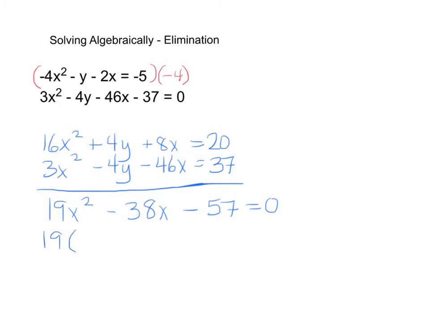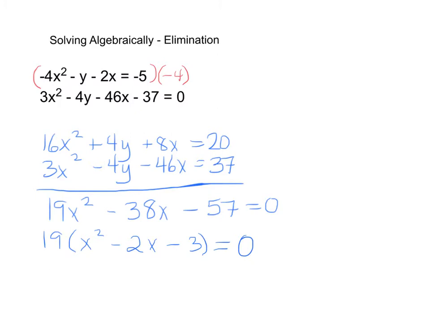To factor it, take out a common factor if you can. That should always be your first step when you're factoring. So this becomes 19, and then in brackets x squared minus 2x minus 3. 19 times 3, 57, equals 0.